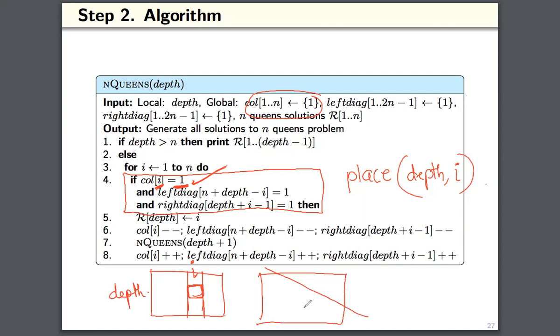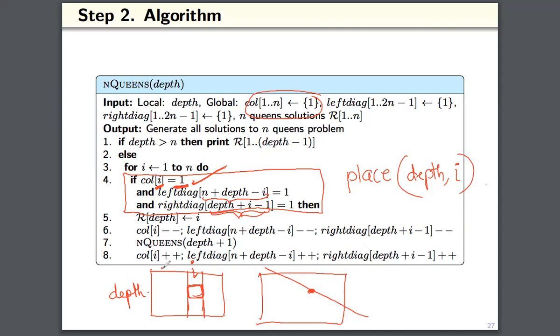So this left diagonal says that left diagonal of n plus depth minus 1. How do you get these numbers? We will compute it later. N plus depth minus I is equal to 1. There is no problem with the left diagonal that passes through this cell, right?